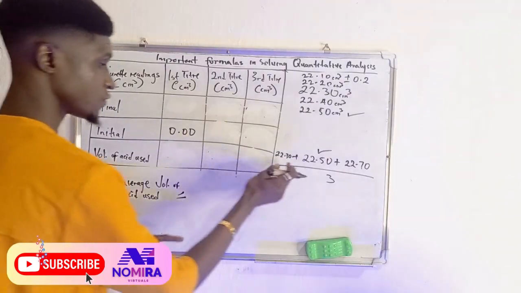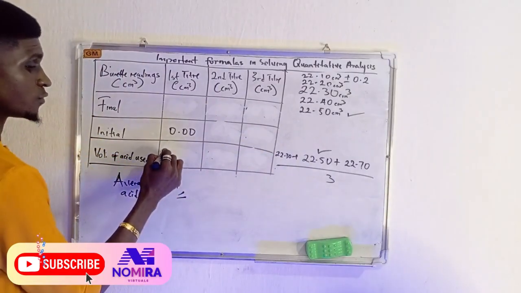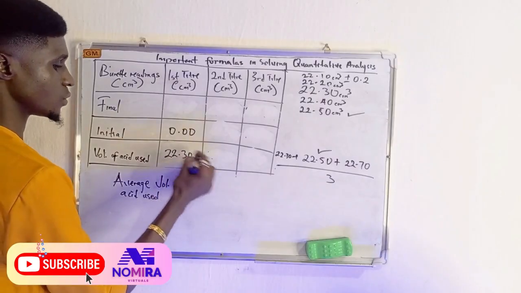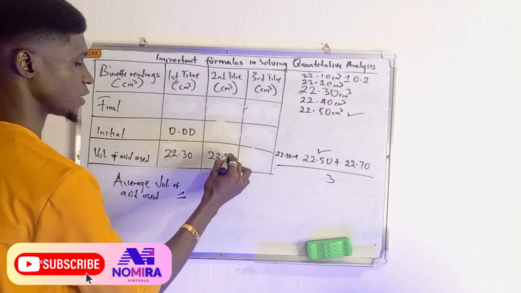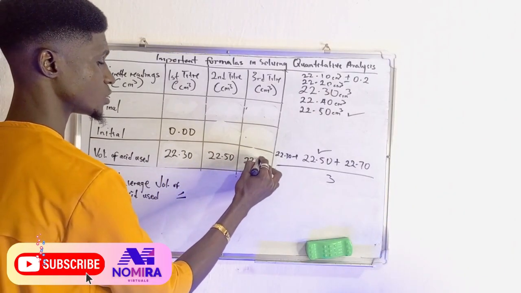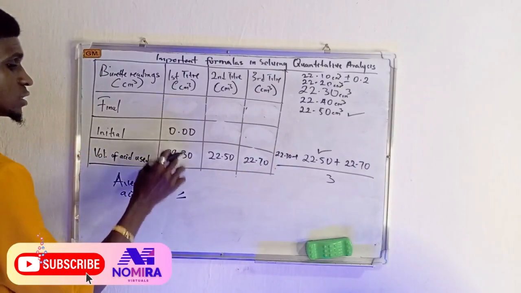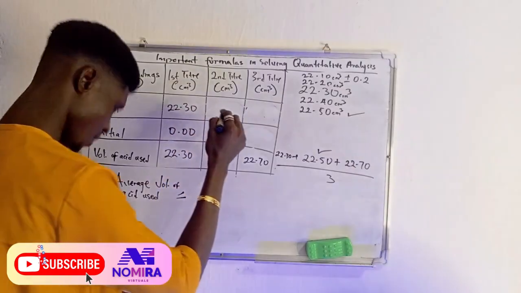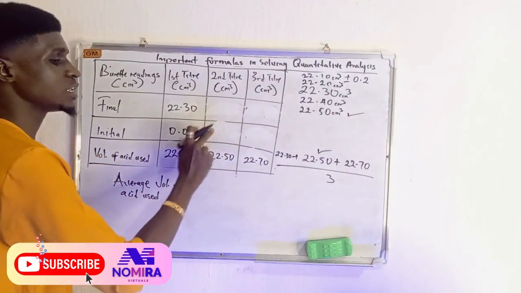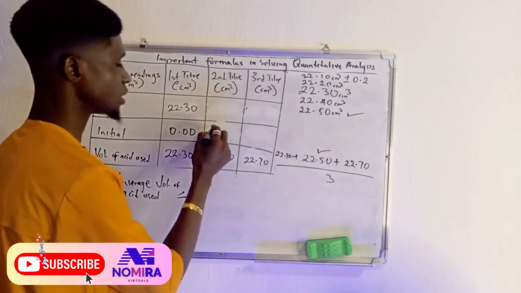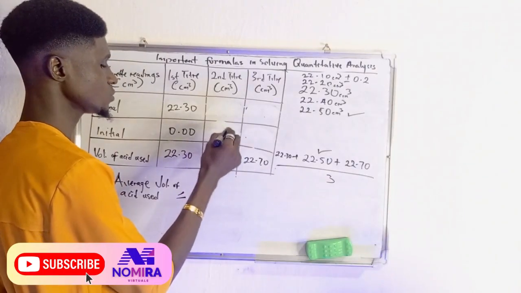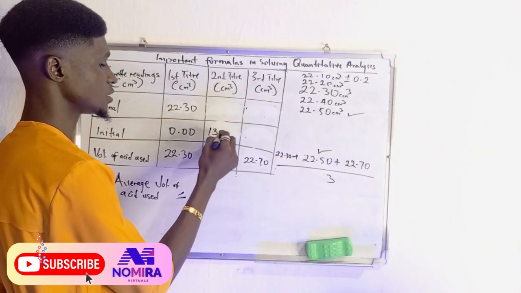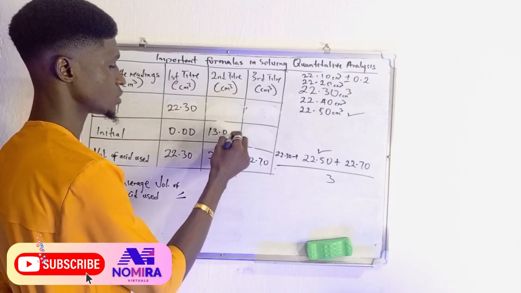So let us fix in these values in the table. We have 22.30. Here is 22.50. Here is 22.70. So this plus this will give you 22.30. Right? So we can put any number here. Right? We can put, let's say, we put 13.00.